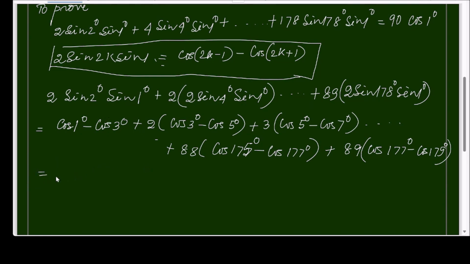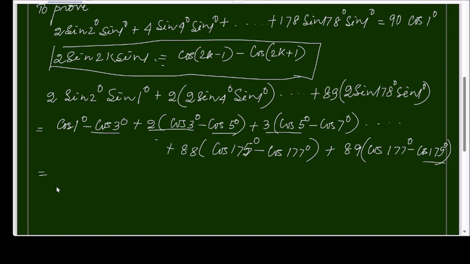Now this is what we call a telescopic sum. If we go on simplifying, this is negative cos 3 degree and here this is positive 2 cos 3 degree, so I'll get 1 cos 3 degree here. In the second term it is minus 2 cos 5 degree and here I am getting 3 cos 5 degree, so I'll get 1 positive cos 5 degree. In the same way I'll get positive cos 7 degree, and so on. Only the last one will be negative.